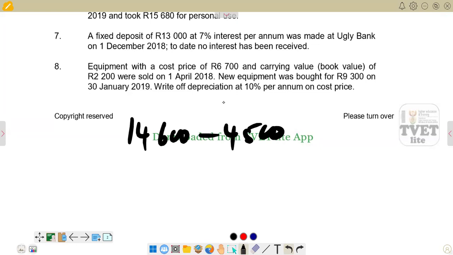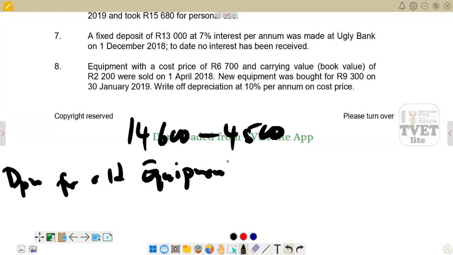So we now want to calculate depreciation for the old equipment that was there. Remember we are saying on cost. So we are just going to say the cost at the beginning minus the cost of that one that was disposed.